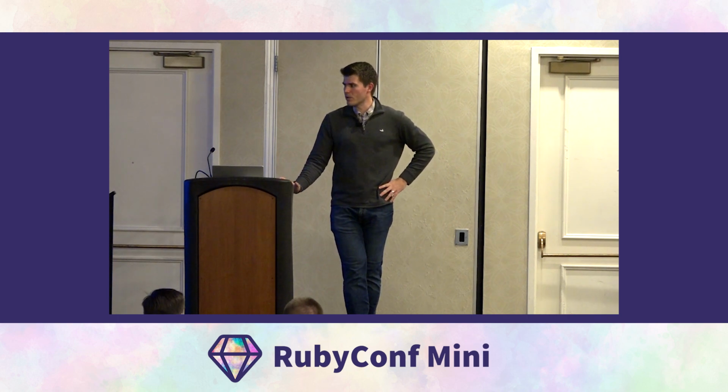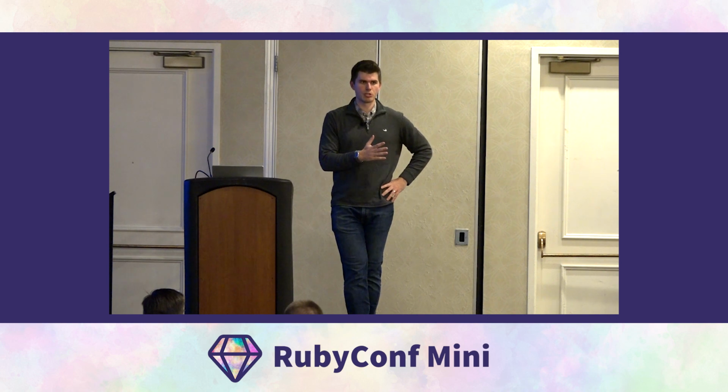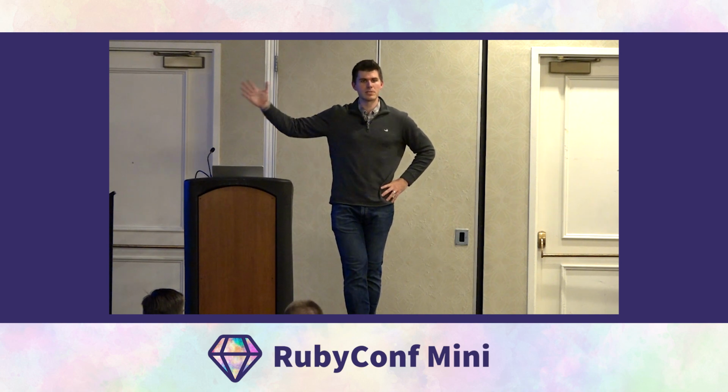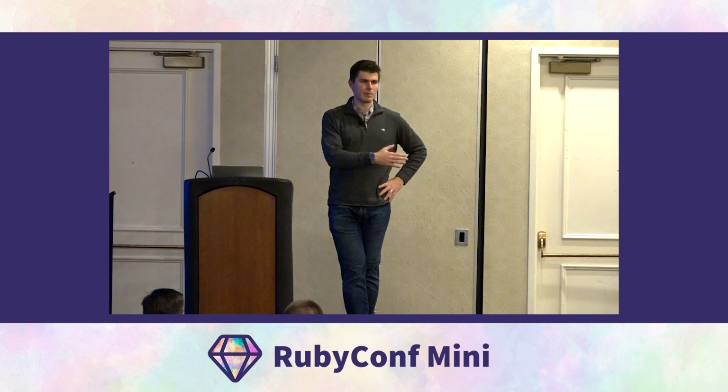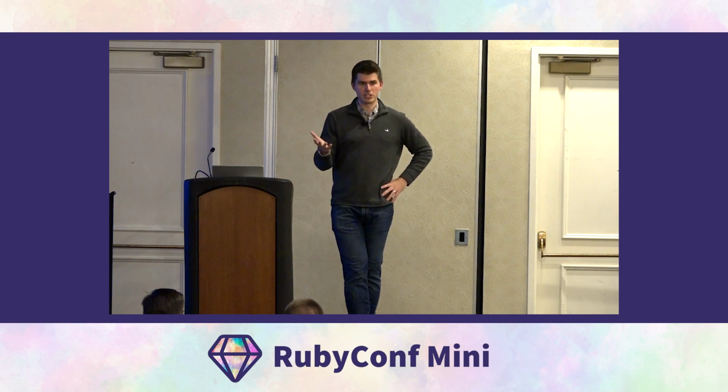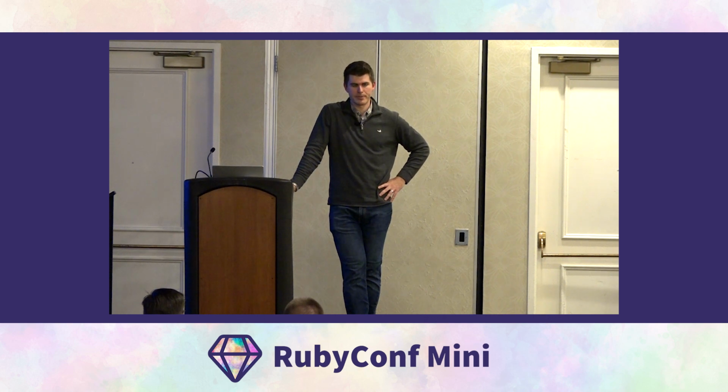And the goal is that if you're using syntax tree to build whatever tools you're going to build on top of it, the change should be transparent to you. You should not be impacted by it. You should just be able to keep using syntax tree, and you will immediately reap the benefits of the new parser without having to change any of your code, which is not true if you're using something like the parser gem.